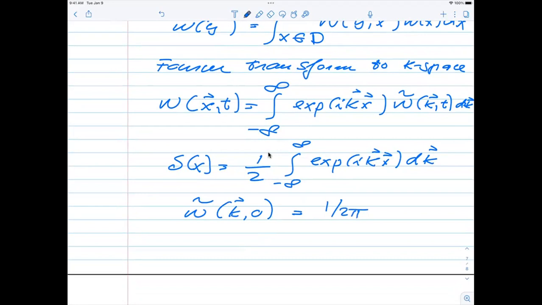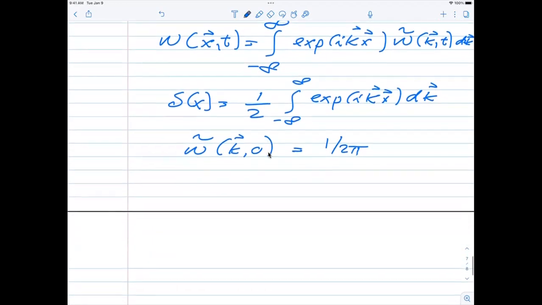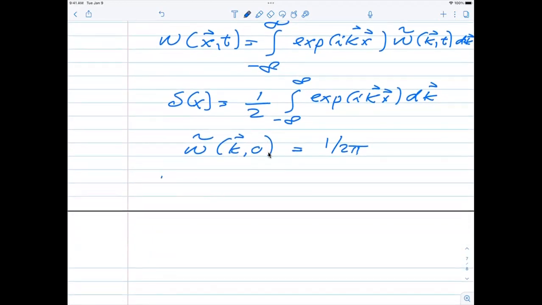And then we can look at the Fourier transform of the diffusion equation. So we take a Fourier transform, that's a standard way of solving partial differential equations, by performing a Fourier transform for the diffusion equation.